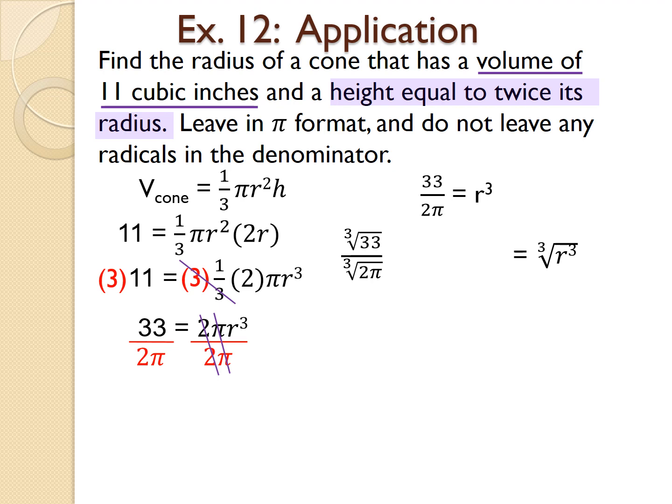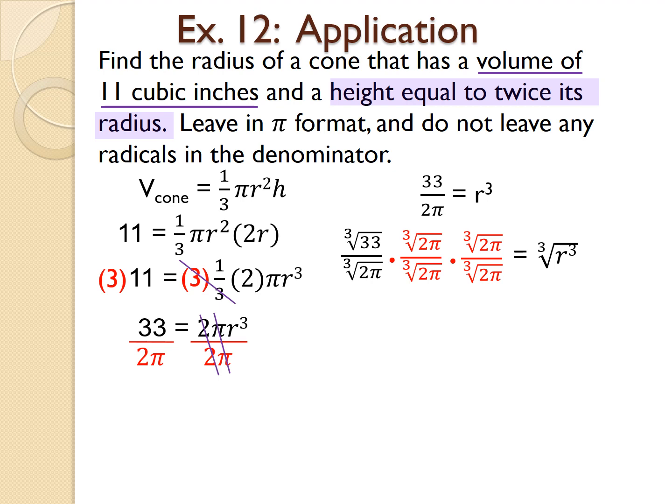Now, I can't leave that radical on the bottom. So it's a cube root. There's 1, so I need 2 more. If I multiply the bottom by the cube root of 2 pi twice, I have to do that to the top as well. So cube root of 2 pi over cube root of 2 pi times cube root of 2 pi over cube root of 2 pi. Now you'll notice I have 3 identical cube roots on the bottom.